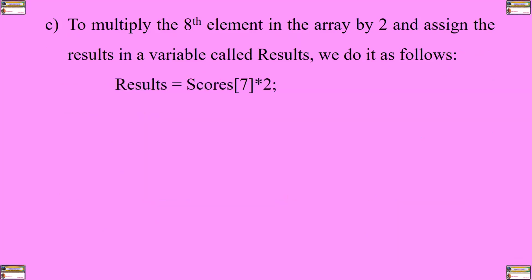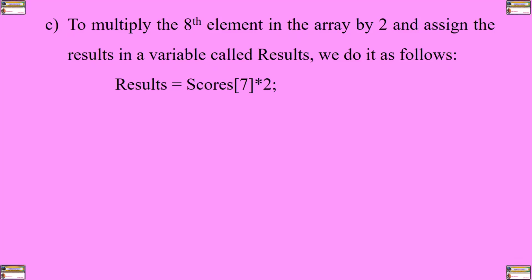This statement simply means you are telling the compiler or the processor to go to the memory location which contains the array called scores, go to the 8th element, which is identified by subscript 7, and then multiply that value by 2.